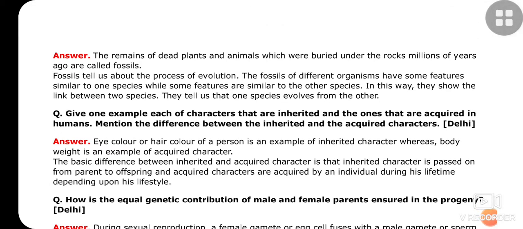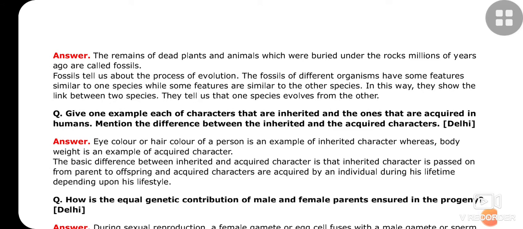See, another question is, give an example each of characters that are inherited and the ones that are acquired in humans. So two examples you have to give. One which is an inherited character and the other which is an acquired character, and that too in humans.